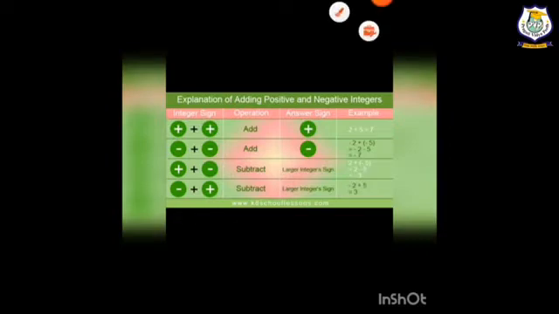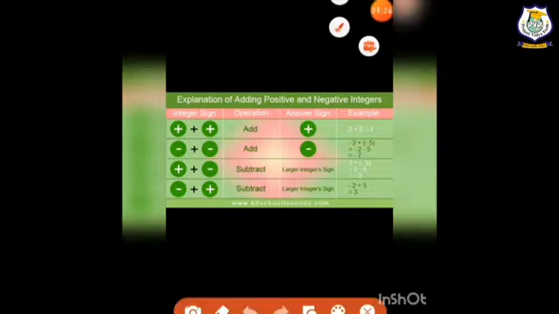The first one: if both have the positive sign, we do the addition and get the answer with the positive sign. And if both have the negative sign, we again do the addition and get the answer with the negative sign. The example of the first one is 2 plus 5 is equal to 7. 2 is positive, 5 is positive, and 7 is also positive.